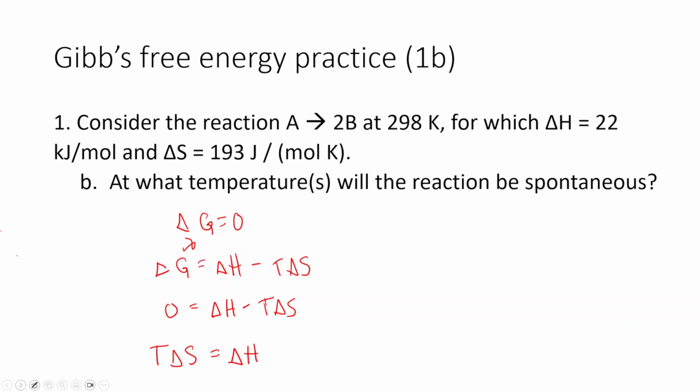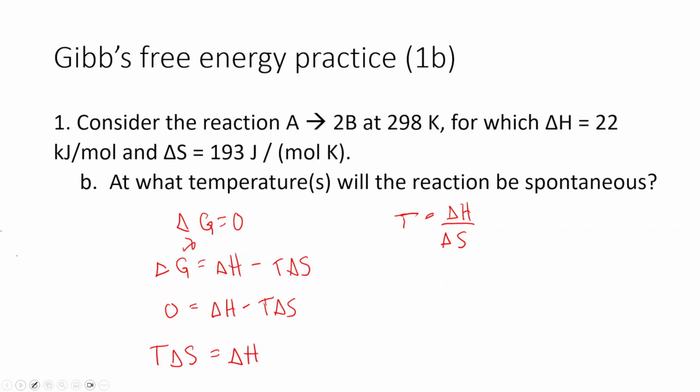So we divide each side by delta S, so then we get T equals delta H divided by delta S. Does that make sense for everyone? So now we can figure out what the temperature is where delta G equals 0.